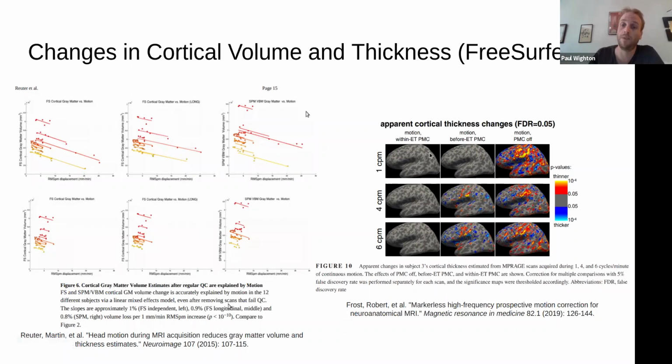More recently, a colleague, Rob Frost, showed that using an external tracker, you can actually update your field of view within an MP-RAGE echo train.